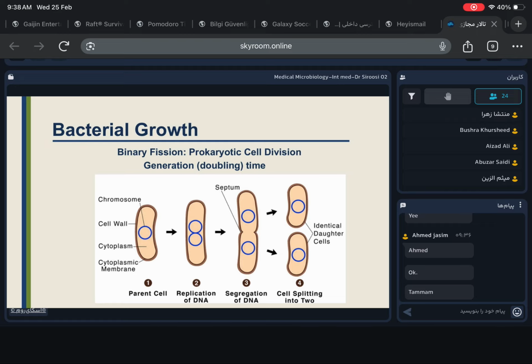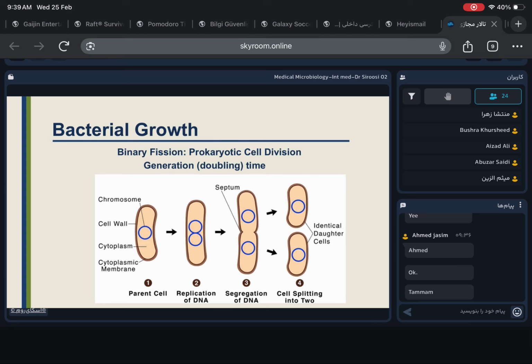So prokaryotic cells, including bacteria, reproduce through cell division, and binary fission is the most common type of cell division in bacteria. During the binary fission, first of all, a cell, which we call a parent cell or mother cell, elongates, and its chromosome is replicated. It is obvious because the cell is going to become two cells, and each cell needs the chromosome, so it makes sense that the parent cell first starts to replicate its chromosome.